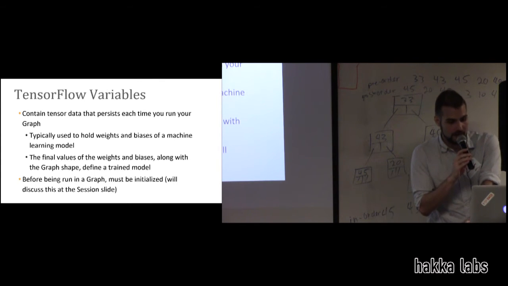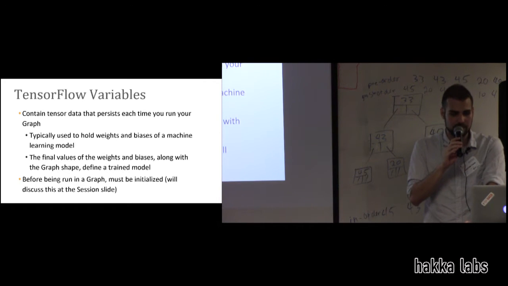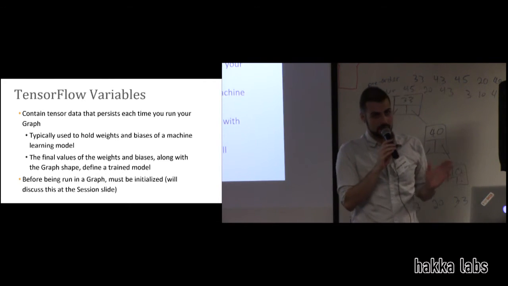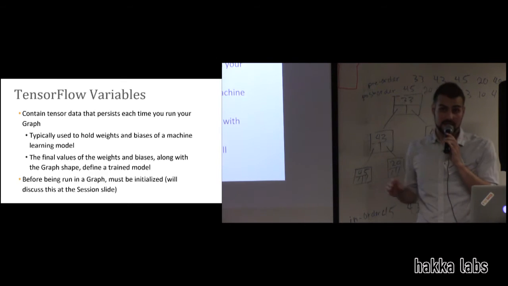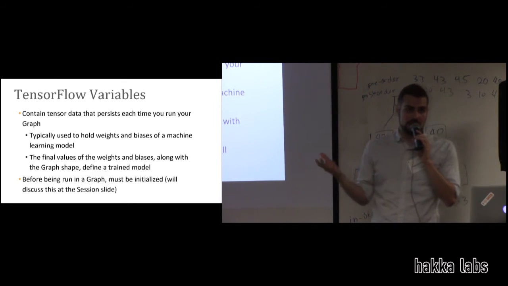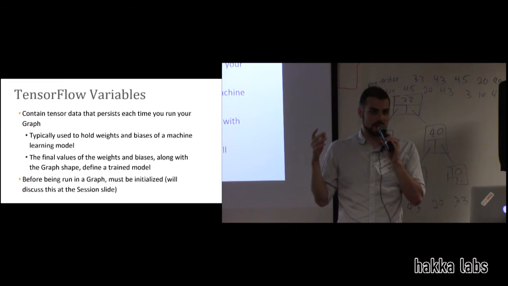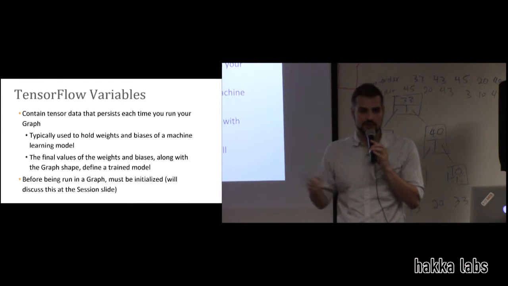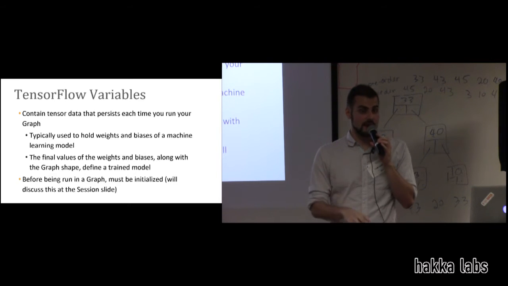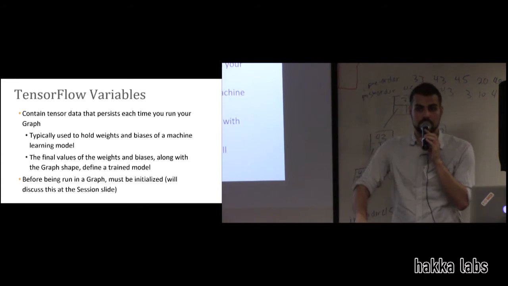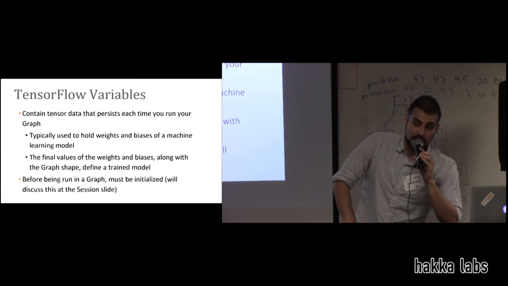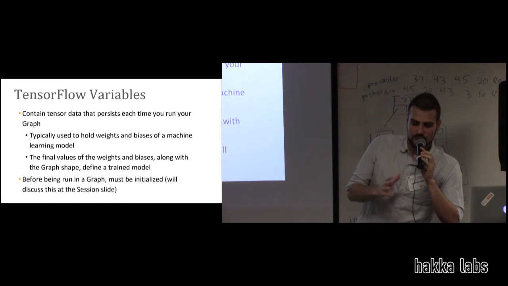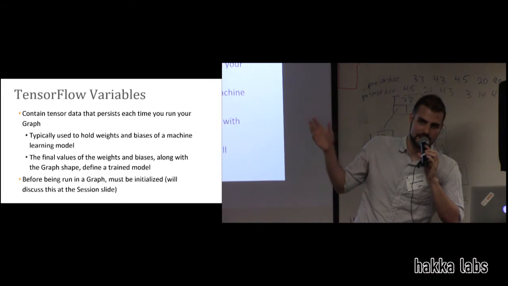Before you run the graph, you have to initialize them, and that's just part of the housekeeping of a TensorFlow session. The basic idea is that TensorFlow has to know when you want to give the variable its starting value, because it's possible that you train for a while, and then you're like, I messed up, I want to start again.